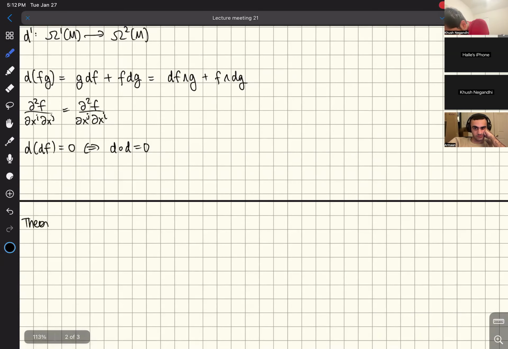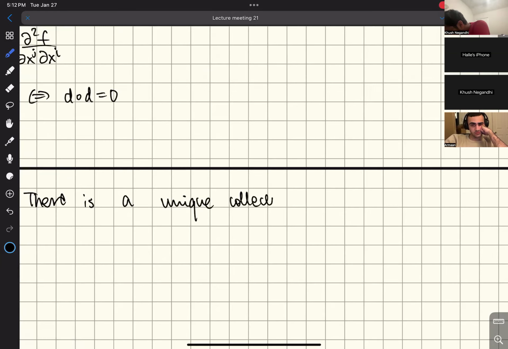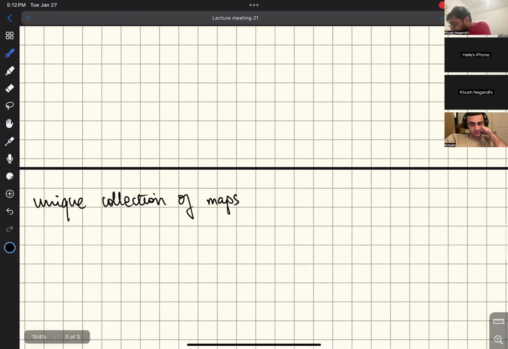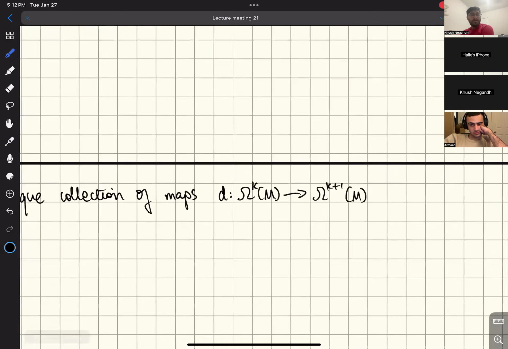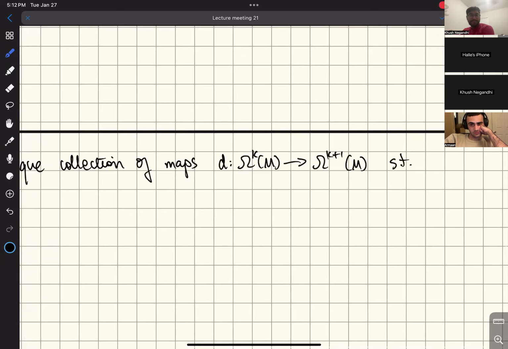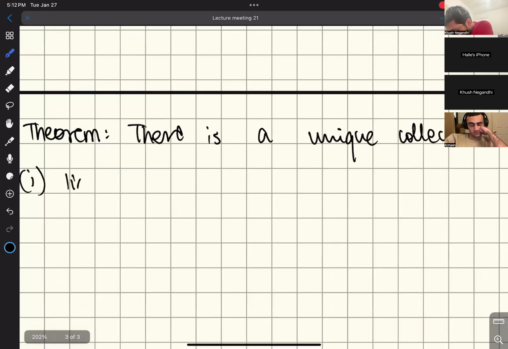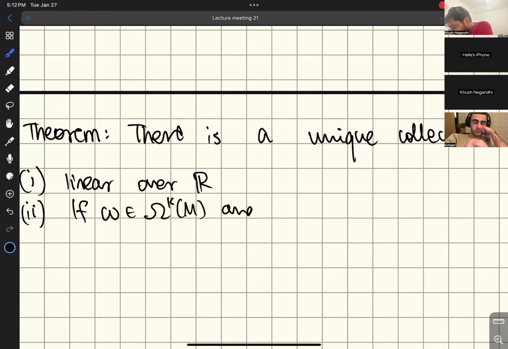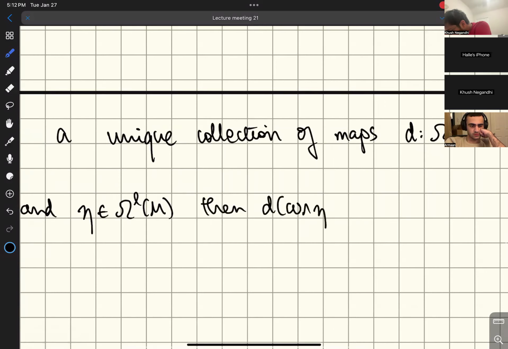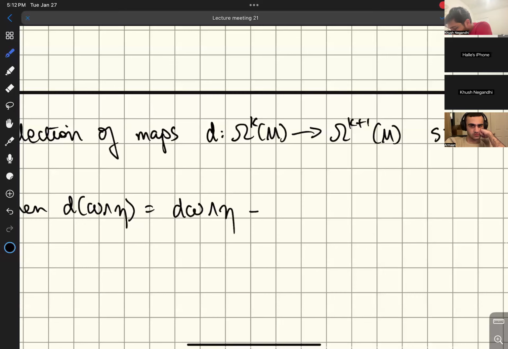Theorem: there is a unique collection of maps, which I will just name d, that takes in a k-form and gives you a (k+1)-form, such that, number one, it is R-linear, so it is linear over R. Number two, if omega is a k-form and eta is an l-form, then d of omega wedge eta is nothing but d omega wedge eta plus (minus 1) to the k of omega wedge d eta.